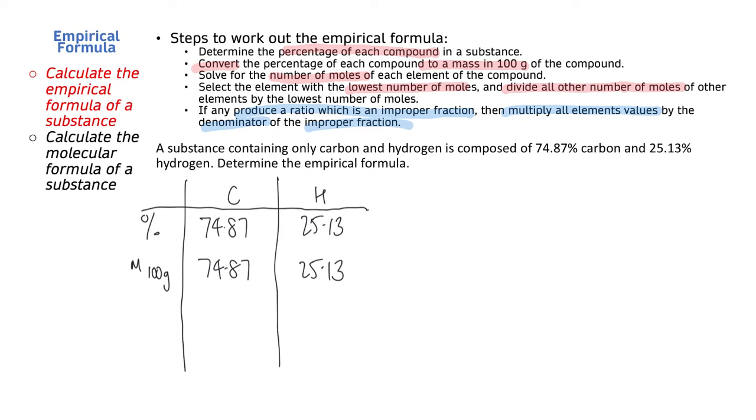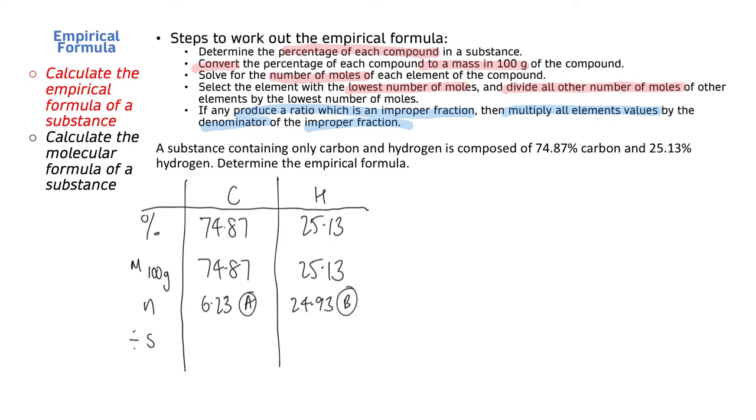Right, so now we've got the mass. We can work out then the number of moles of each element, which happens to be 6.23 over here, and I'm saving my value as A, and 24.93 over here, which I'm saving as B. Right, so then what I'm going to do is divide by the smallest, and the smallest is the 6.23.